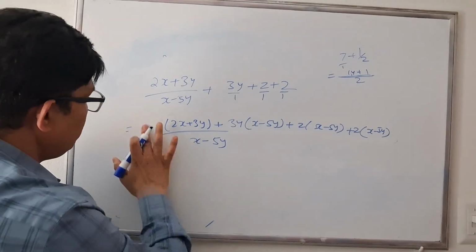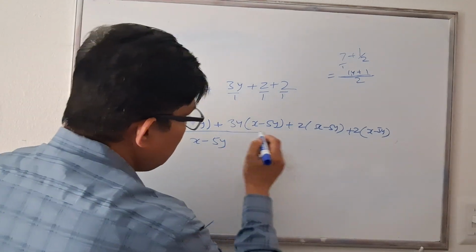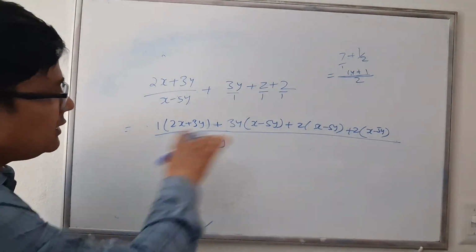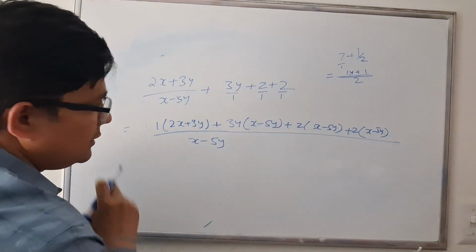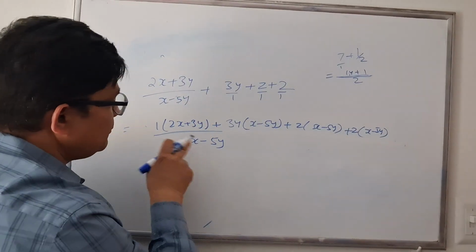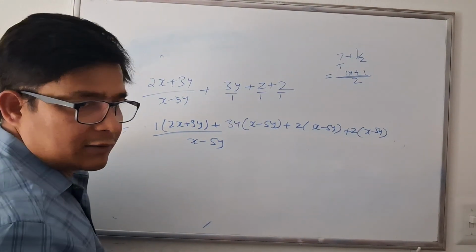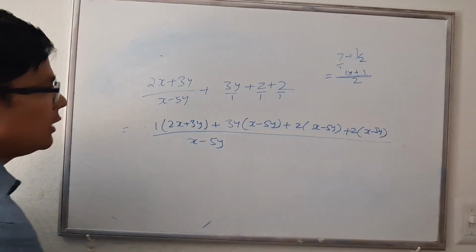Once you take the LCM, the basic concept of LCM, you have to extend the line. Because line means division. So basically you are dividing everything by this term. If you remove the line from here, it means you are dividing only this term with this term. These terms are left as they are. So that's why this line means division, and extend it.